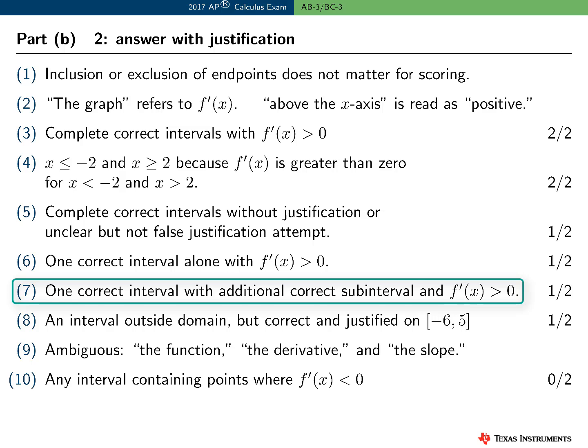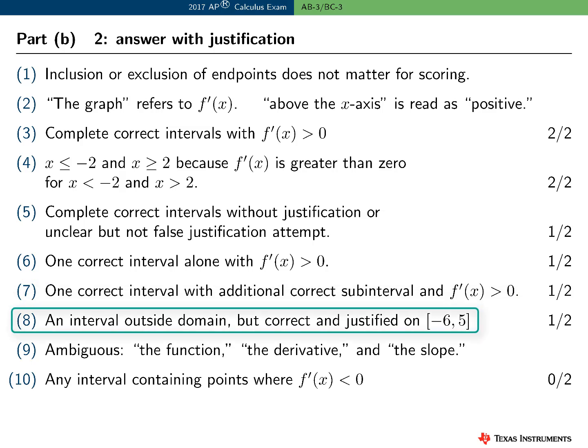If the student provides one correct interval and an additional correct subinterval with an appropriate justification f prime of x is greater than 0, they would also earn 1 out of the 2 points. If we see an interval that lies outside our domain, but it is correct and justified on the interval -6 to 5, then the student would earn 1 out of the 2 points.